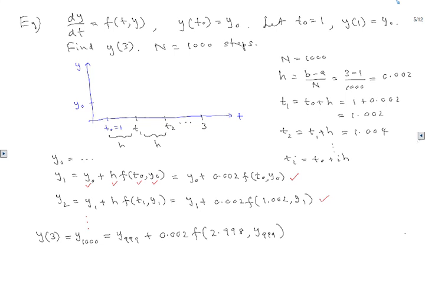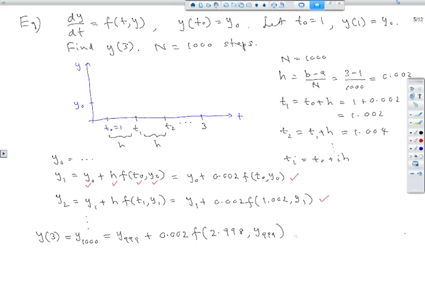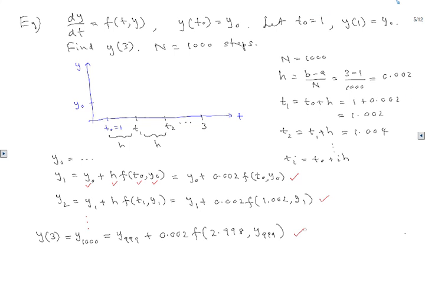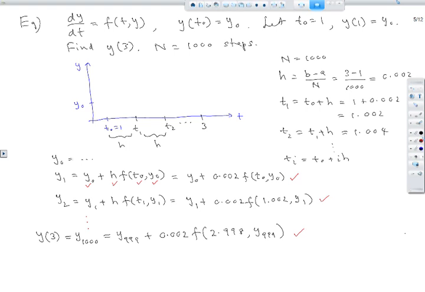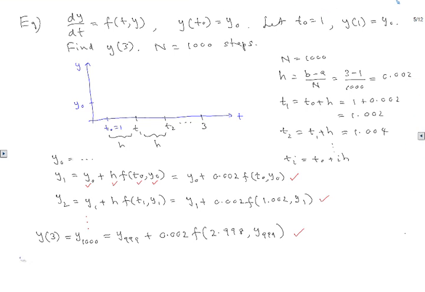So you can see that this is just a simple for loop calculation in a program. We don't do the hand calculation.